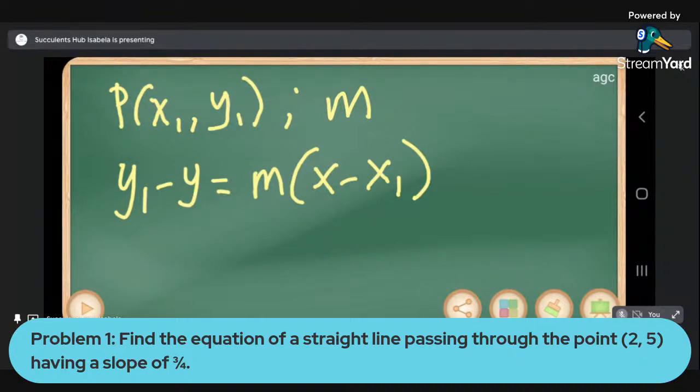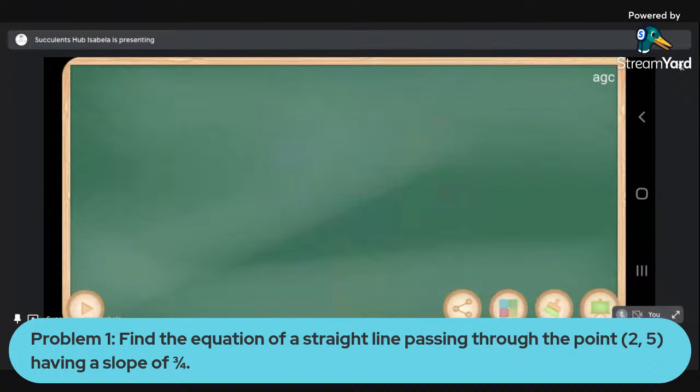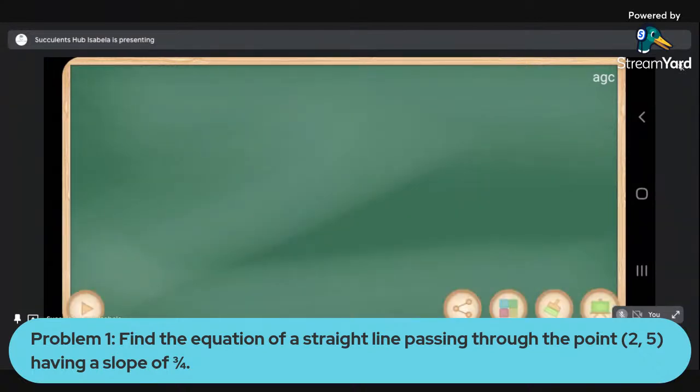So what we're just going to do is very easy. We just make use of the form y minus y sub 1. Oops, pangit ang kulay red. Let's use a different color. This one, or white.